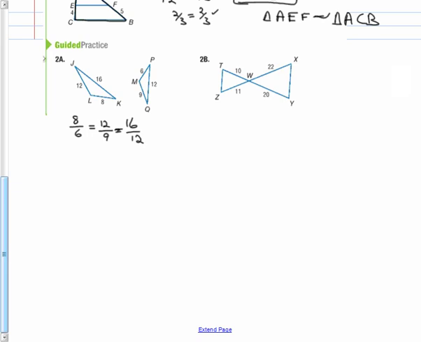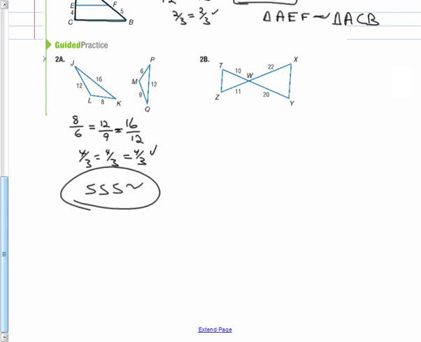I'm going to reduce again. Reduce 8 6 for me. 4/3. Reduce 12 9 for me. 4/3. 3 goes into it. Reduce 16 12. 4/3. 4 goes into it. Beautiful. Side similarity. It works.